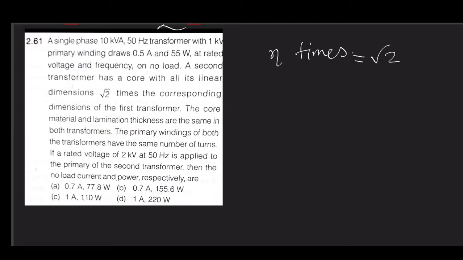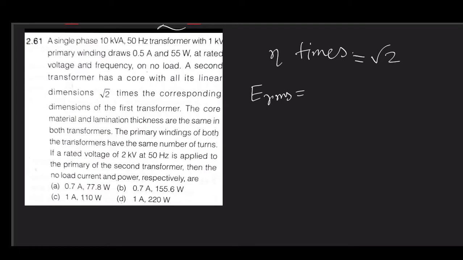So what can you expect? Here it is mentioned that the primary winding of both transformers have the same number of turns. So if it is the same number of turns, then what would happen to the voltage? See, if we can recall the formula for our voltage, it is equal to what?